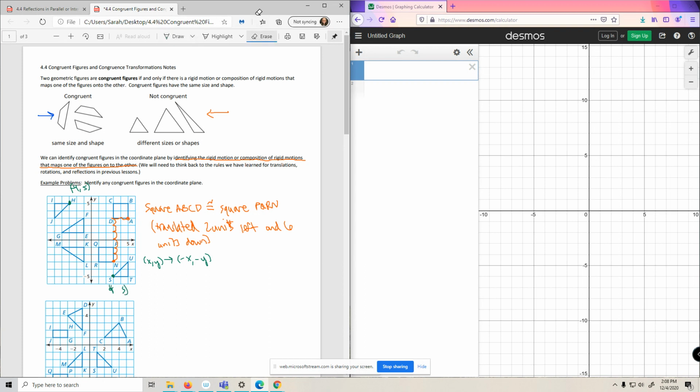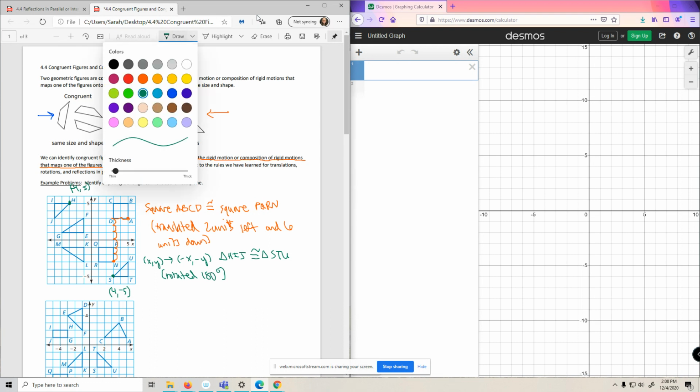My handwriting today is awful. Let me fix that, please. I can see that I'm changing the signs of both coordinates there. So I'm going to say that triangle HIJ is congruent to triangle STU. And what we did was we rotated 180 degrees.